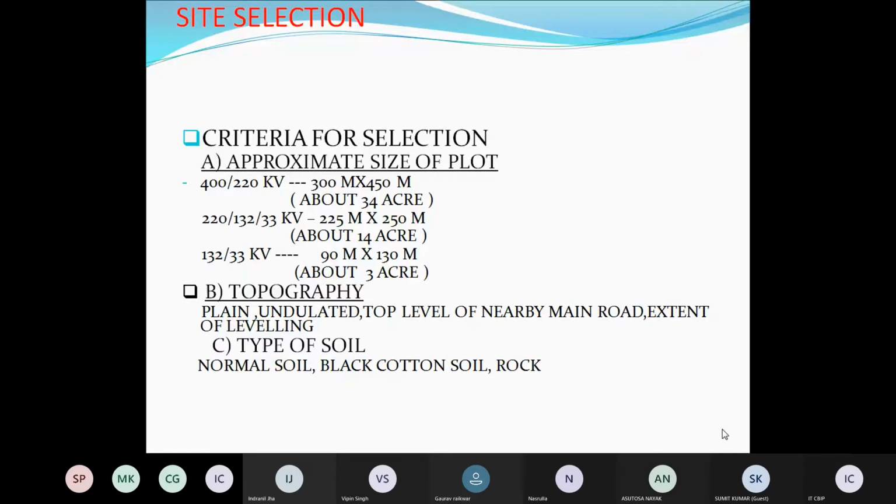At the same time, if you are ready to build a 220, 132 or 33 kilovolt substation, you need a plot of land of 225 meter into 250 meter, or approximately 14 acre.